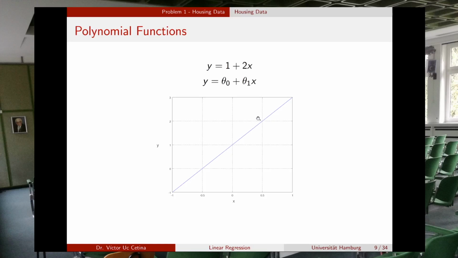So our previous function, I will go back, which was 2x, if we add something to this, for example, if we add 1 to this, what we're doing is moving this line up 1 unit. We are summing 1, and then the straight line will go up.